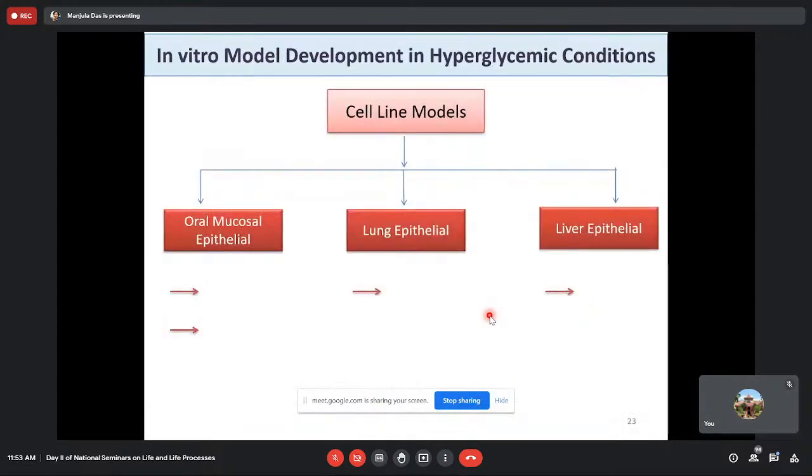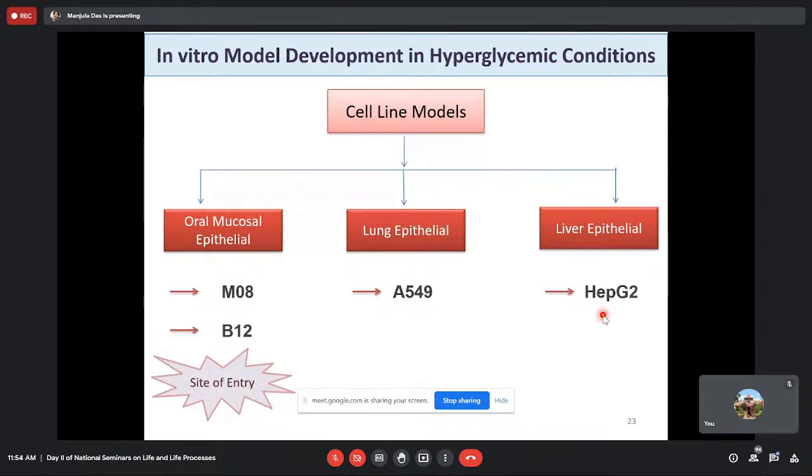So for this study, for the comorbidity platforms, we took oral mucosal epithelial cells, which we developed in the lab. I will talk about it. We took two oral mucosal epithelial cells, the lung epithelial cells, and we also took HepG2.